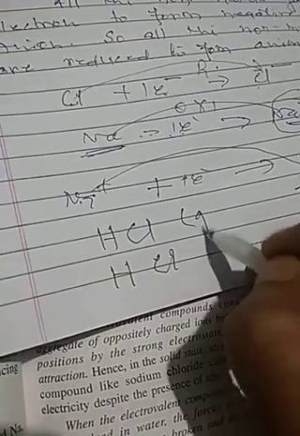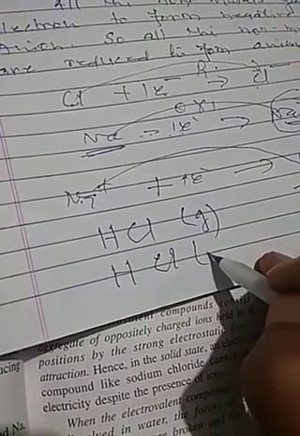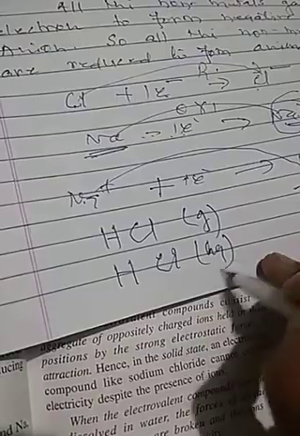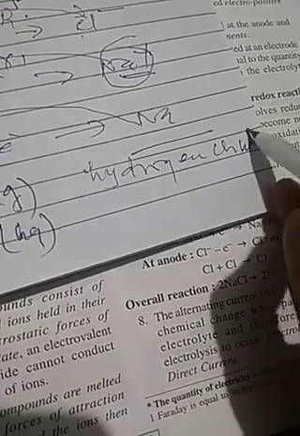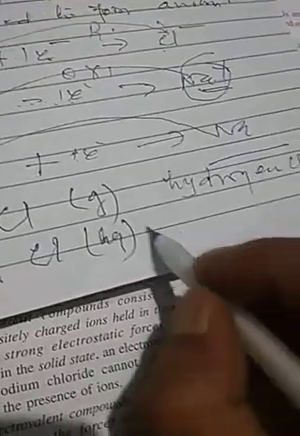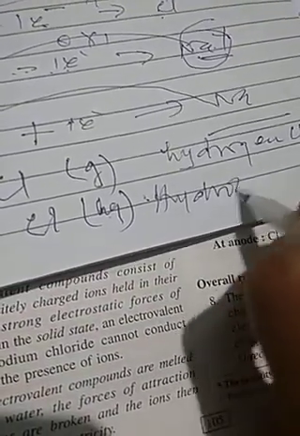Either it will be in the gaseous state or in the aqueous state. When it is in the gaseous state, we say it is hydrogen chloride gas, and when it is aqueous, meaning it is an acid, it will be called hydrochloric acid.